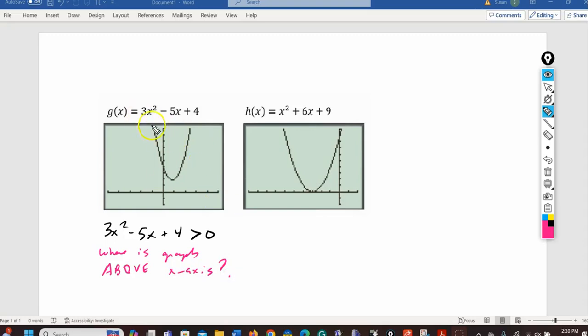And what happens if you look at this graph? Do you agree that the entire graph is above the x-axis? So where is it above? Well, everywhere. And so if I use the x-axis to measure how wide that is, this is going to keep getting wider and wider forever. So the answer is, it's above everywhere.